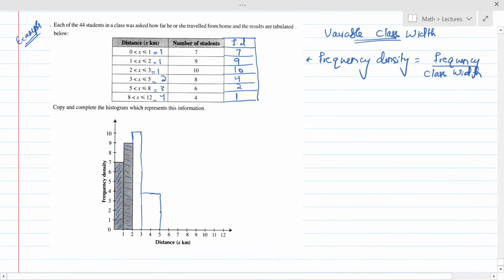Then 8 till 12 with frequency density 1. So these are all the rectangles representing the histogram. This is how we draw the histograms for the variable class width.